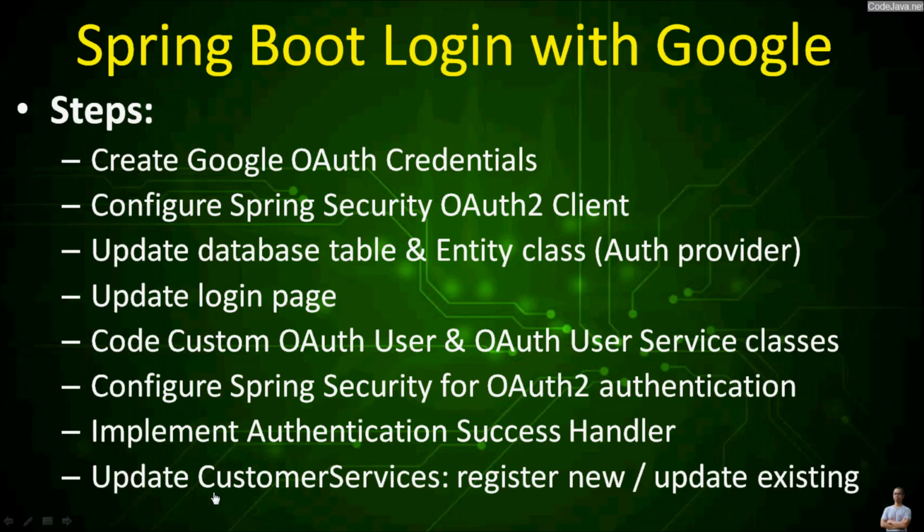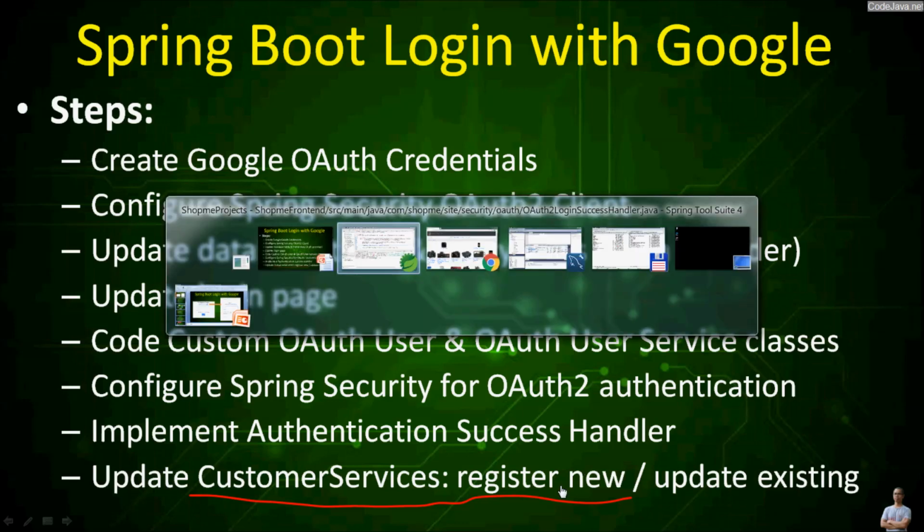And now let's update the CustomerServices class to implement the method that registers a new customer upon successful OAuth2 authentication, if the customer's information is not available in the database.